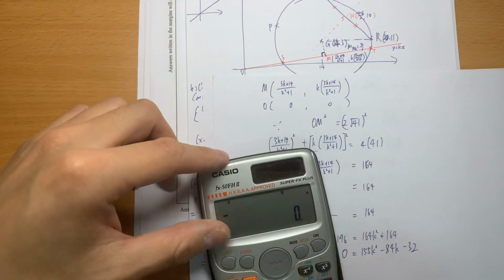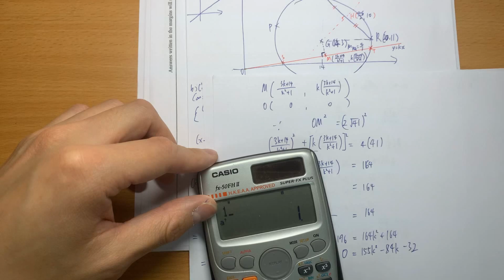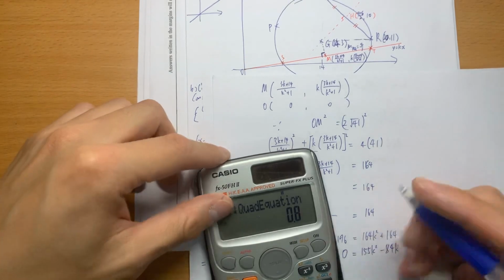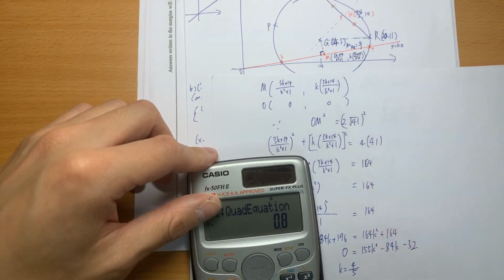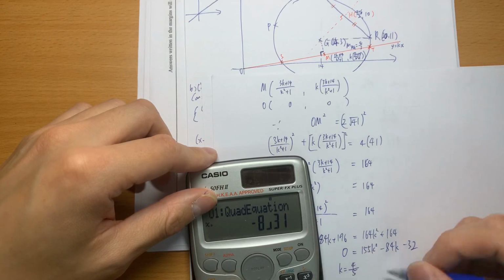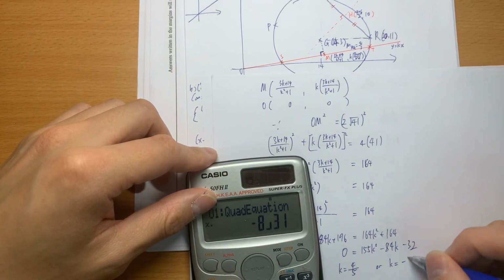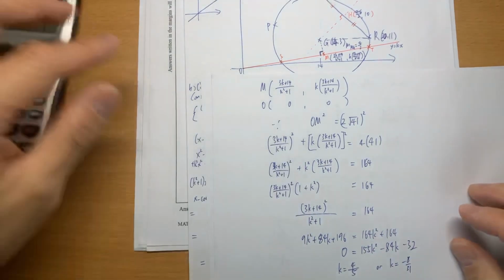Use the formula. So 0.8, so k is equal to 4/5, or k is equal to negative 8 over 31.